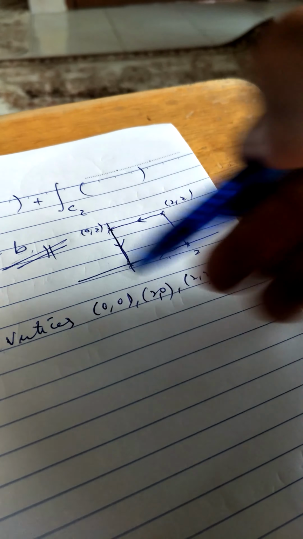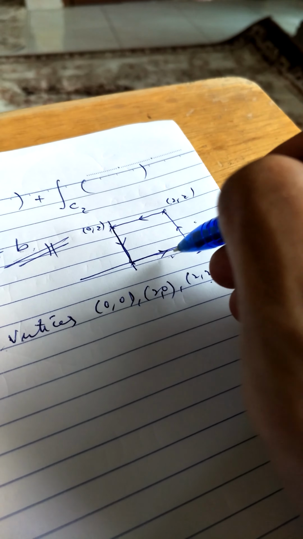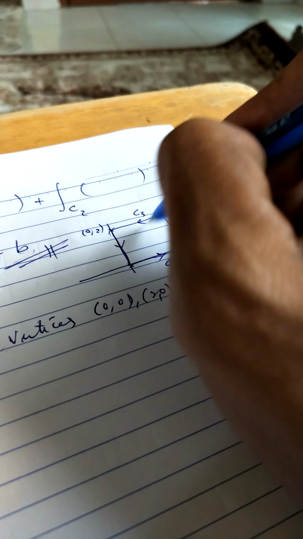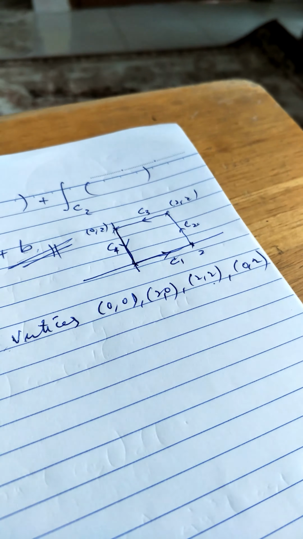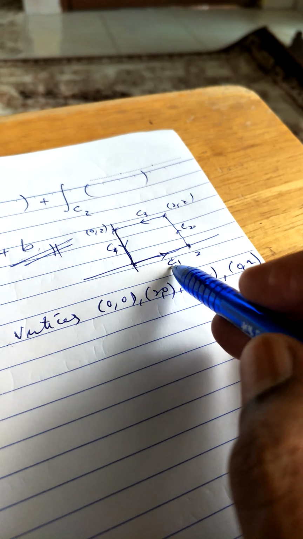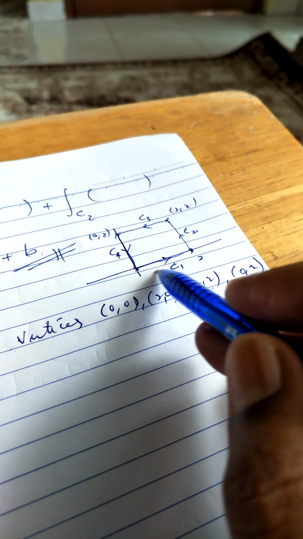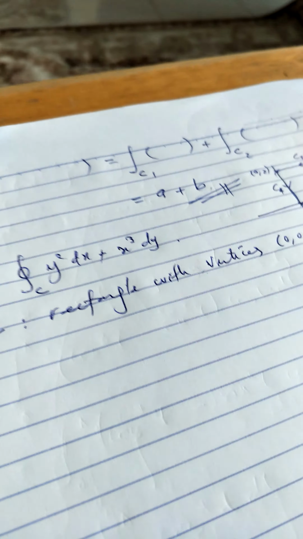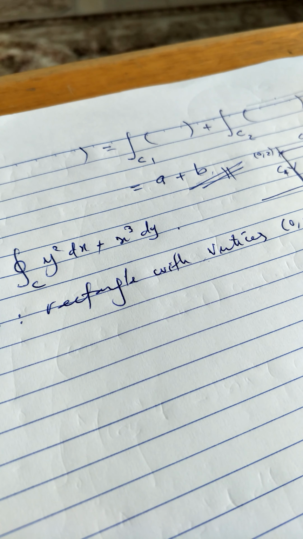So consider each of these curves. Let's call this C1, that C2, this C3, this C4. Then consider each of these lines, substitute into there, choose the appropriate parameter, then you can solve it.